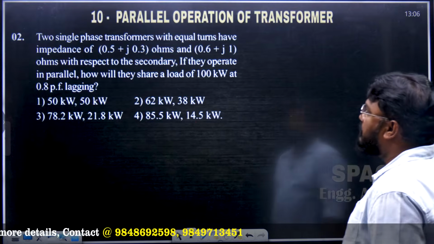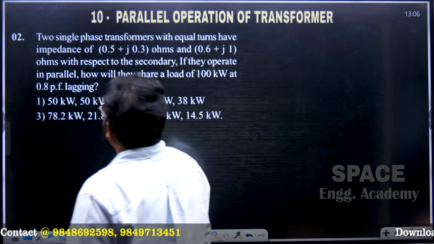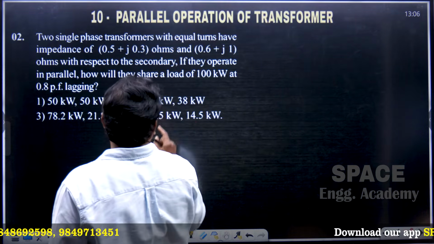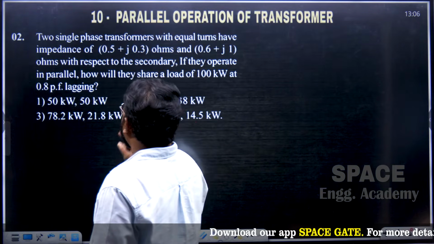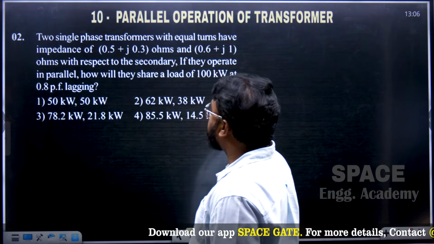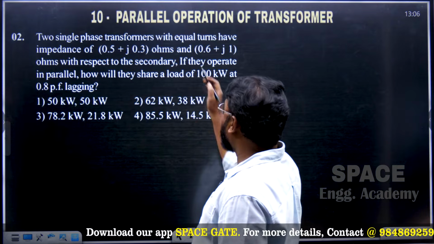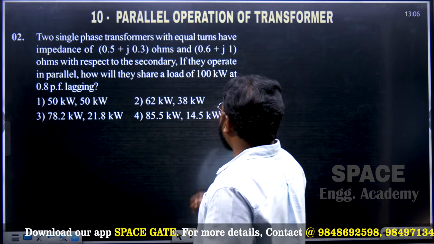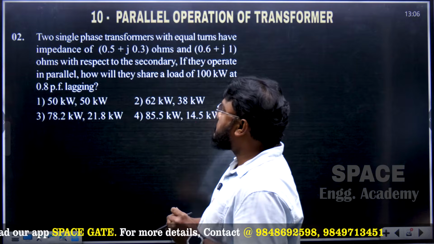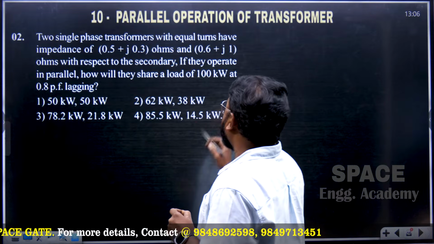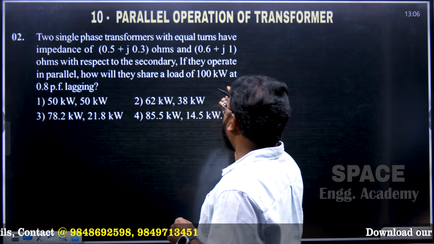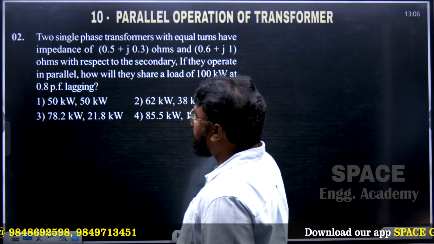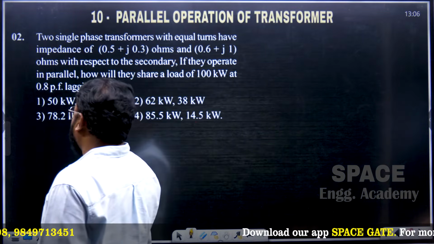And next, another possibility of the question: two single phase transformers with equal turns ratio, impedances of 0.5 plus j0.3 ohms and 0.6 plus j1 ohms with respect to secondary. If they operate in parallel, how will they share a load of 100 kilovolt-amperes at 0.8 power factor lagging?